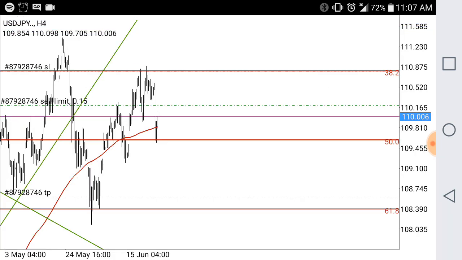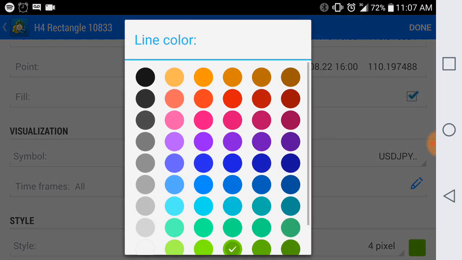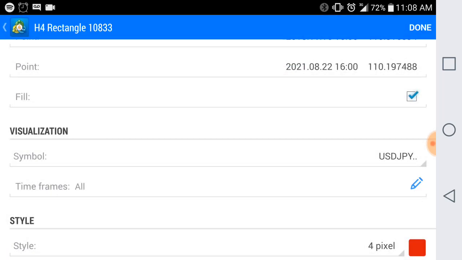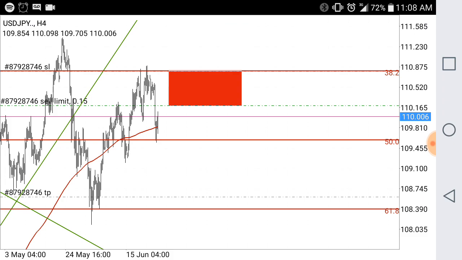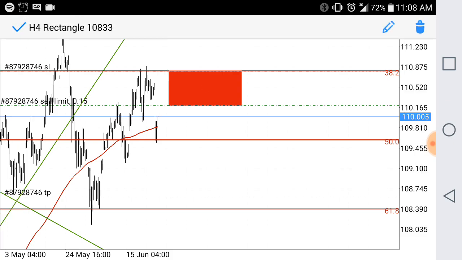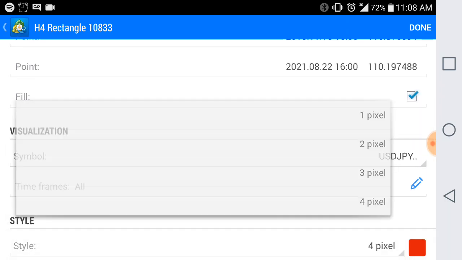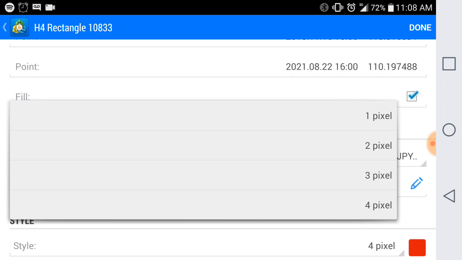Here goes our red. Okay, let's change that to red. And then let's change the transparency of that if we can.